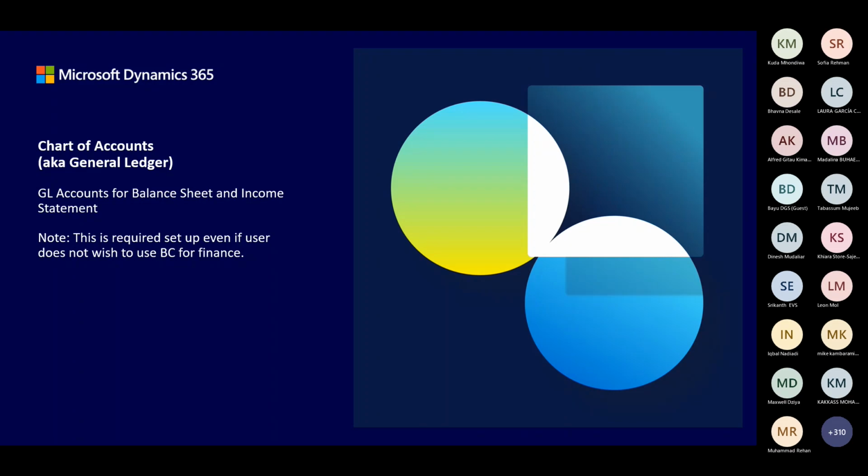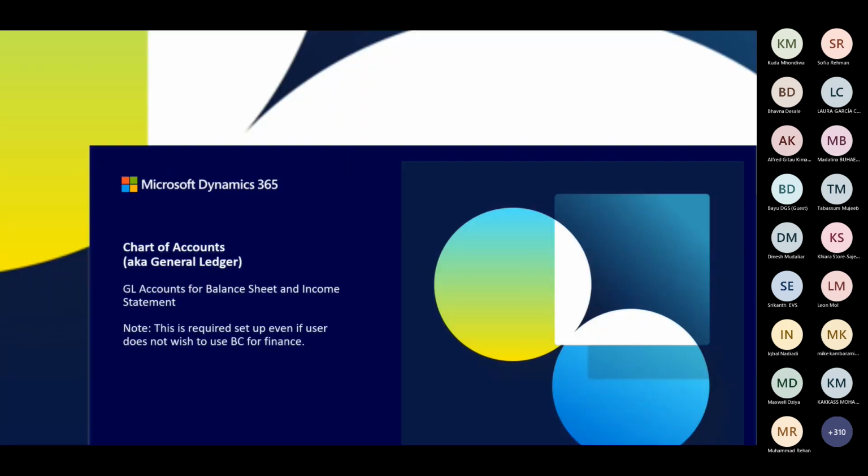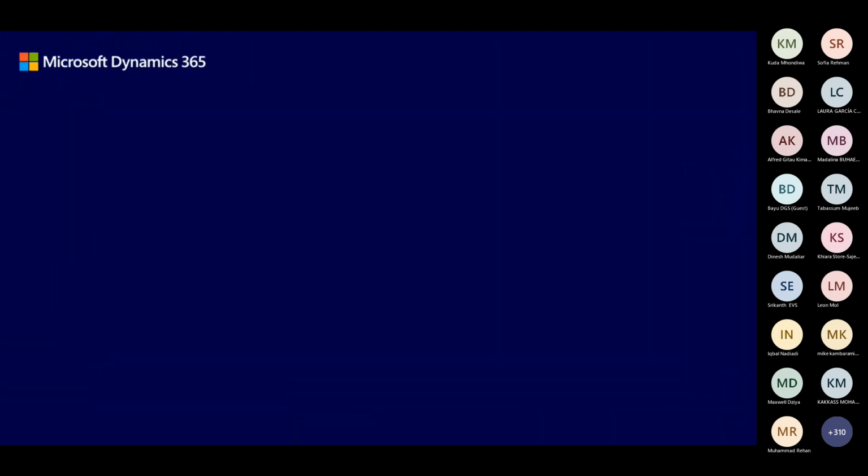And I've implemented for customers where they just want Business Central for the inventory side only, because they might have an existing finance system already. That is fine. However, the finance setup in Business Central is still required, even if it is a case of setting up a very simplistic finance solution.